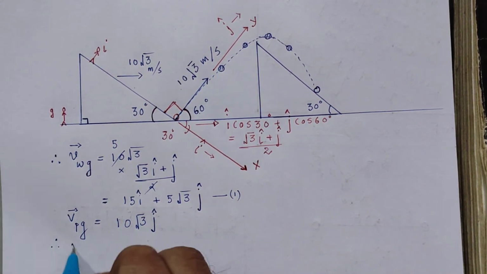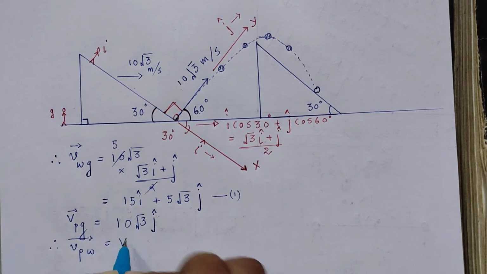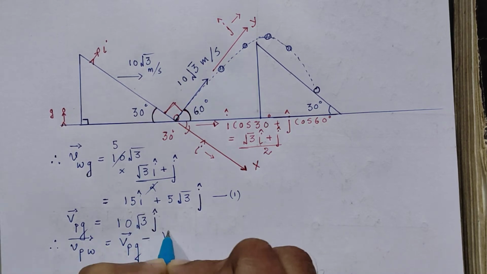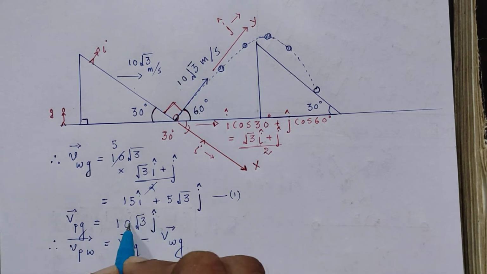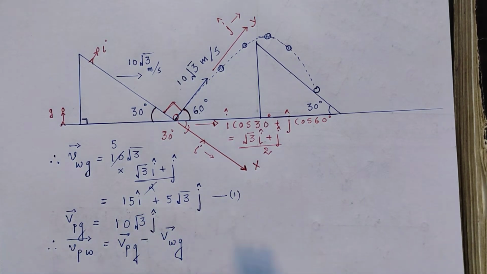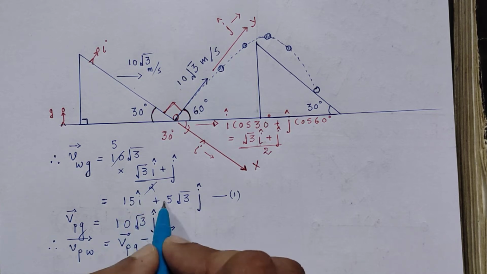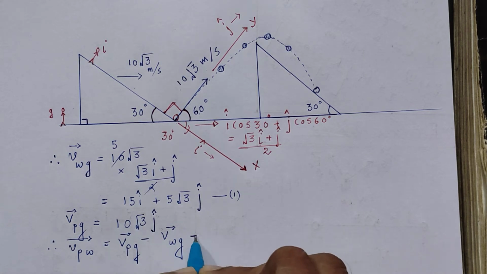So therefore, velocity of particle with respect to wedge is velocity of particle with respect to ground minus velocity of a wedge with respect to ground. So basically this minus this. So 10 root 3 j cap minus 15 I cap minus 5 root 3 j cap. So basically what we are getting?